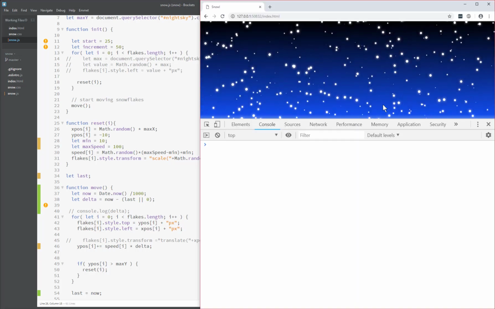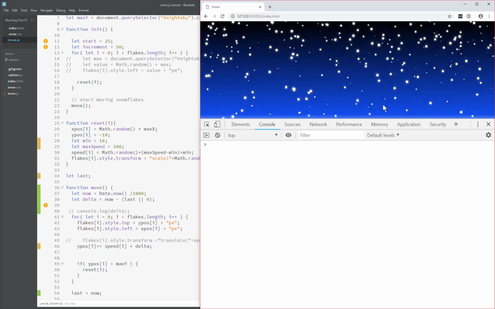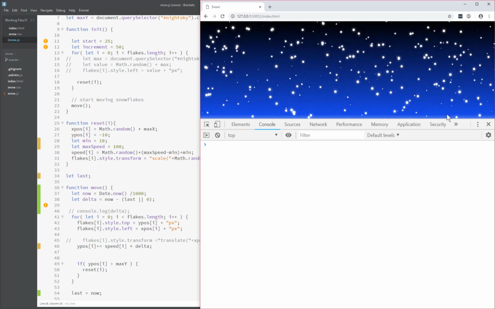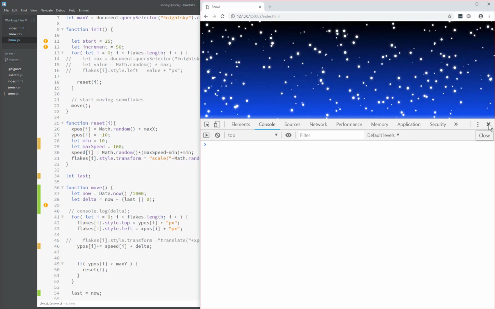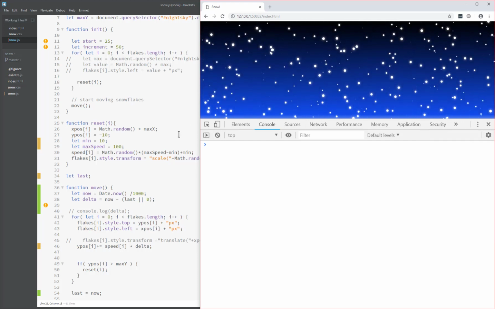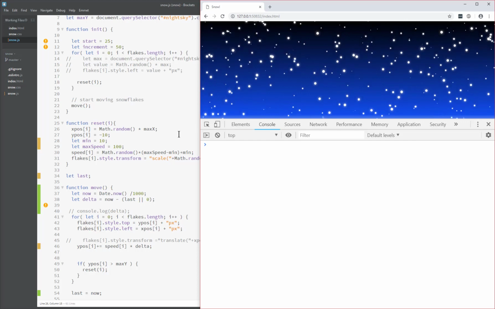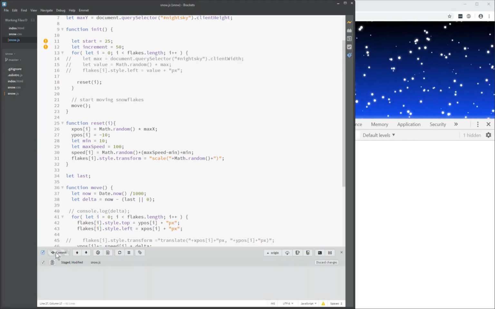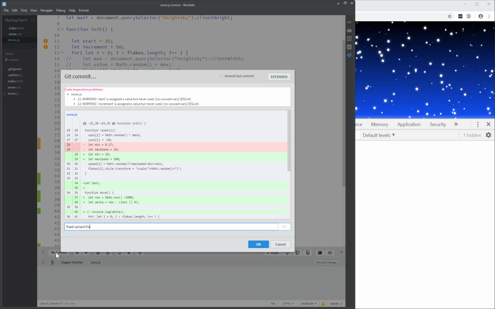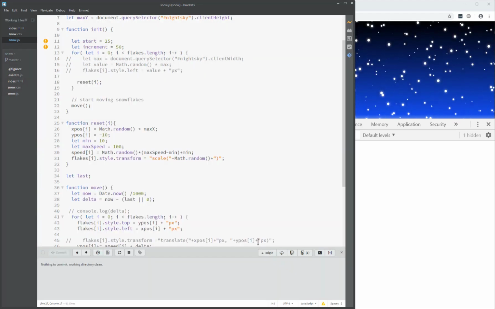Oh, that looks beautiful. It looks very, very smooth now. I'm pretty happy with this. I'm going to commit immediately. We'll call it fixed variant frame rate.